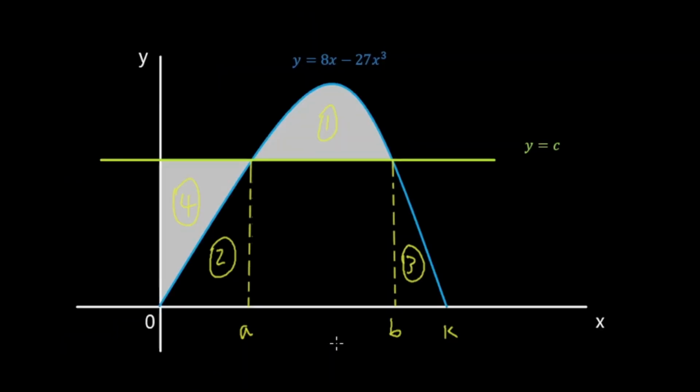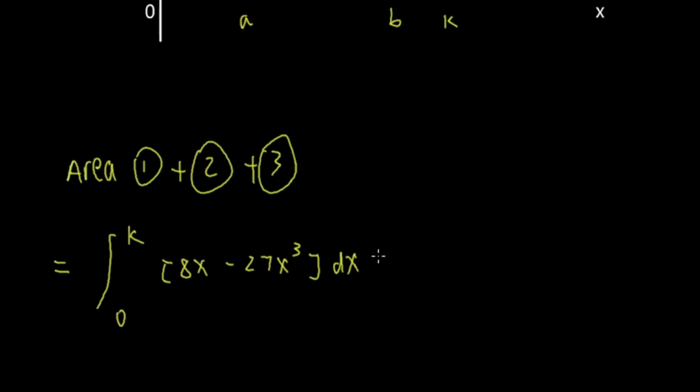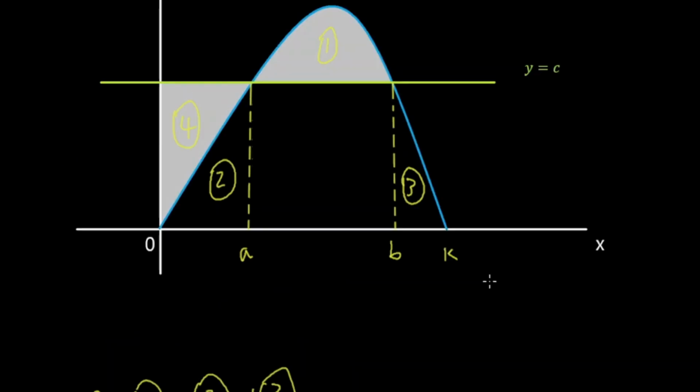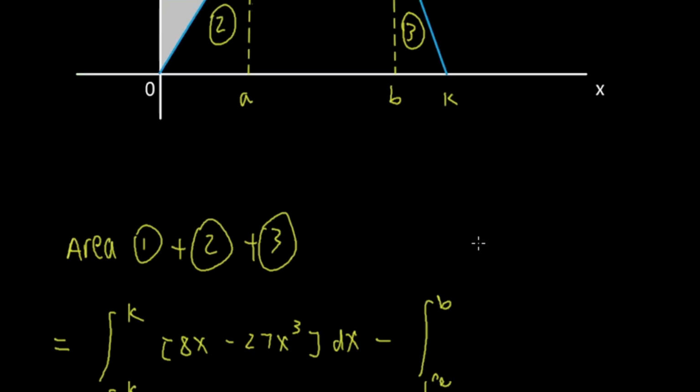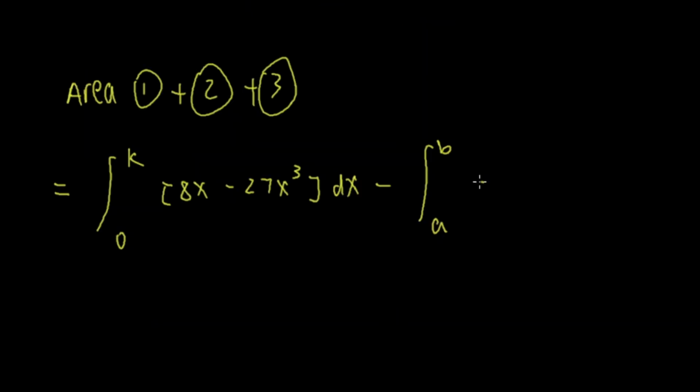Now subtract the area of this region here under the horizontal line. So we have to integrate from a to b, right? So subtract the integral from a to b. Now, this function is just c, so you integrate c dx.